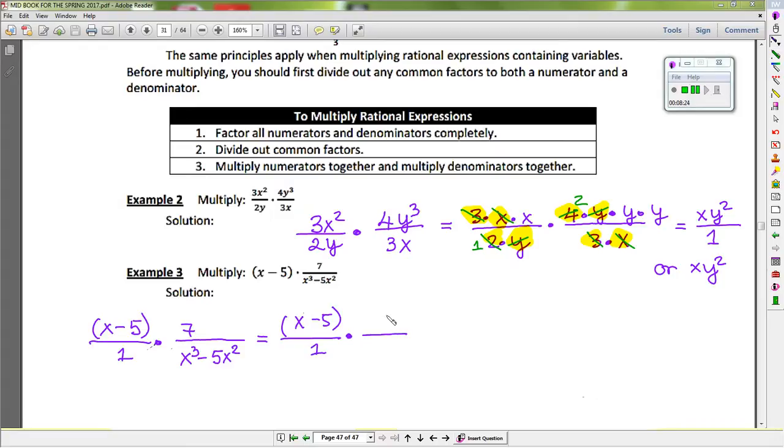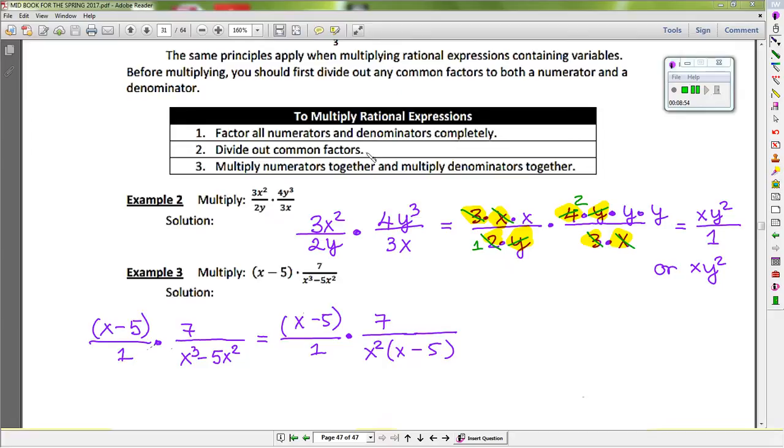Let's move on to the next one, the second rational expression. 7 is a prime number, so we'll just keep it the way it is. Now look at the denominator for the second fraction. We have x to the power 3 minus 5x squared, so the greatest common factor will be x squared. So we factor out x squared, and what we have left is just x minus 5.